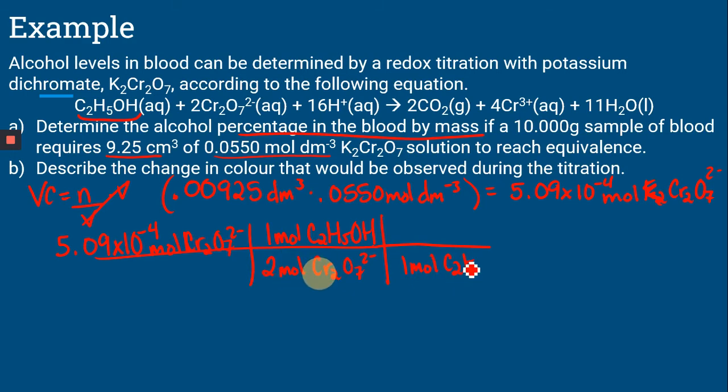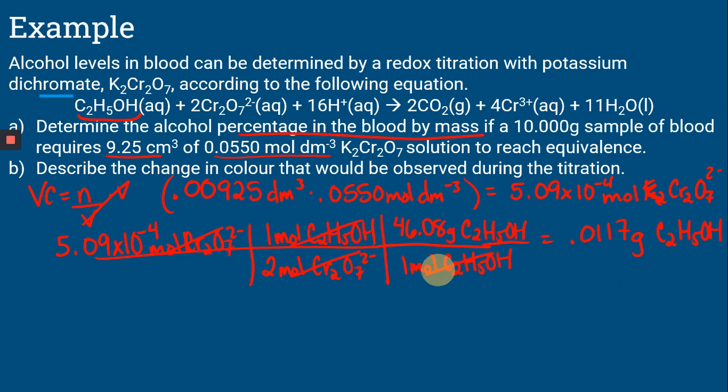So 1 mole, and then we'll use the molar mass, has a mass of 46.08 grams, adding those masses from the periodic table. So moles would cancel, giving us our grams. So we would have 0.0117 grams of alcohol in our blood sample.